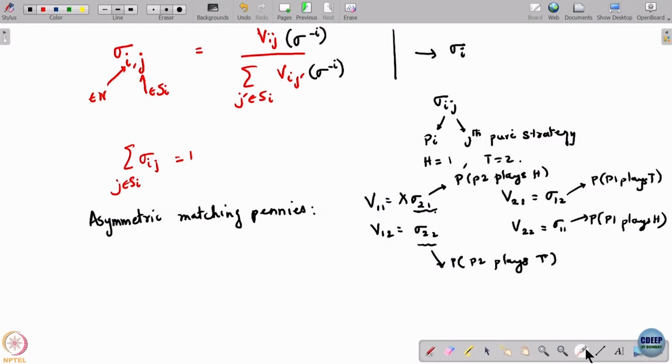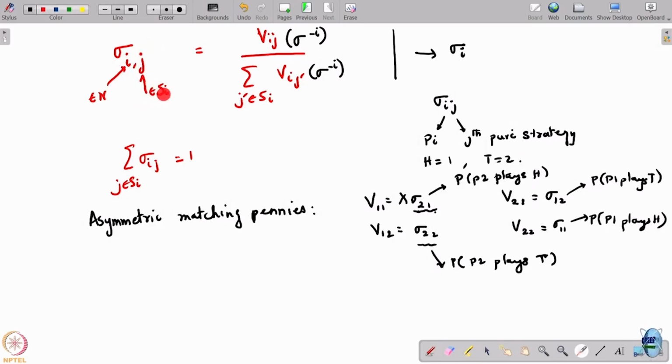With this we get these V's, which have to be a function of sigma minus i. So you get equations with sigma on the left and sigma on the right, for each player. How many equations would you have for player i?